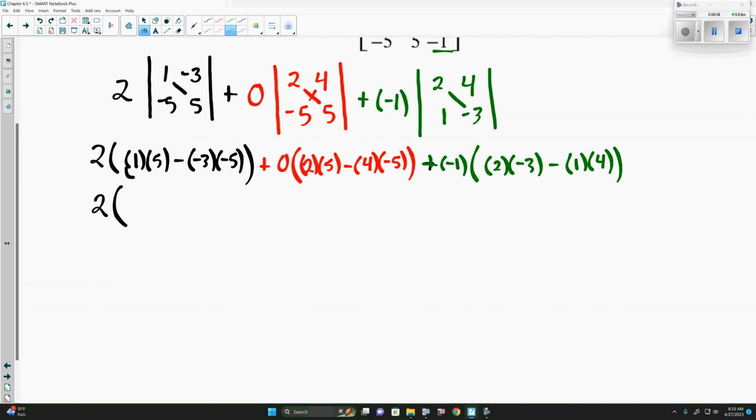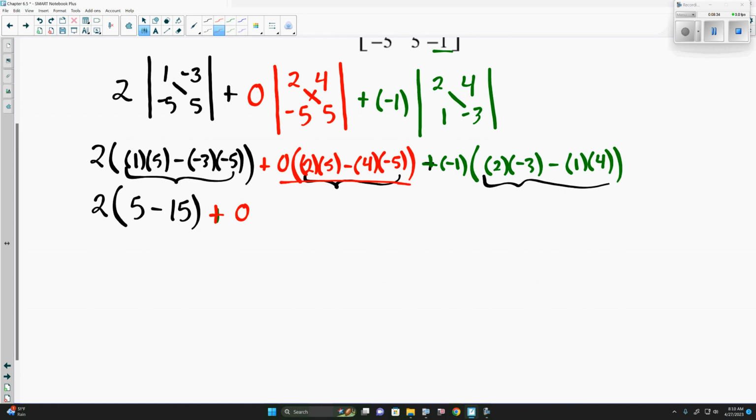Now at this point again, we could plug each one of these into the calculator and let it do it for us. If we work this out by hand, 1 times 5 would be 5, minus negative 3 times negative 5 is 15, plus 0.